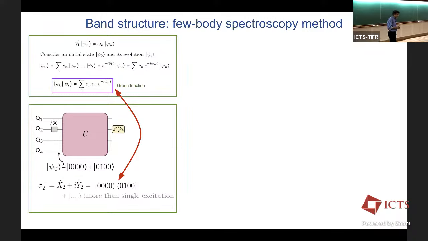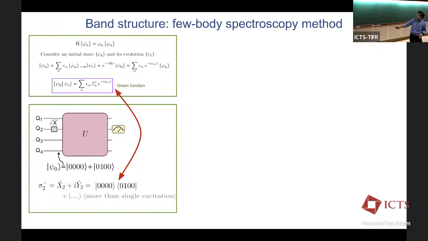So let me tell you something which is probably very familiar to you. For now, we're going to switch to Hamiltonian for a few minutes. If you have a Hamiltonian, it has an eigenstate, and you consider the initial state as a decomposition in the eigenstates of the problem.